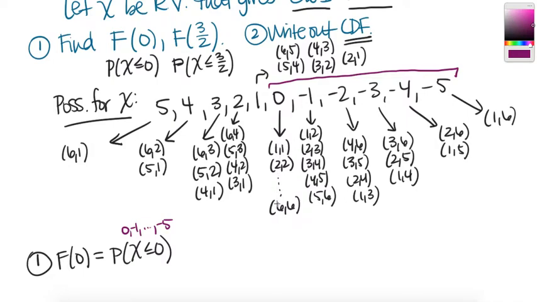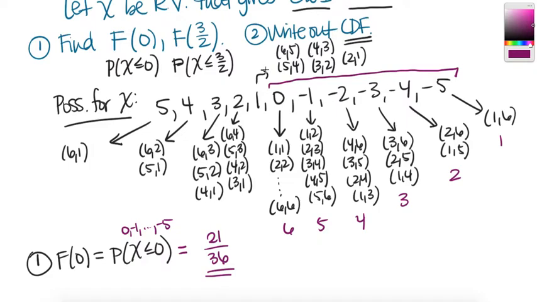There are 6 options here, 5 here, 4 here, 3 here, 2 here, and 1 here. That should be 21 out of 36.